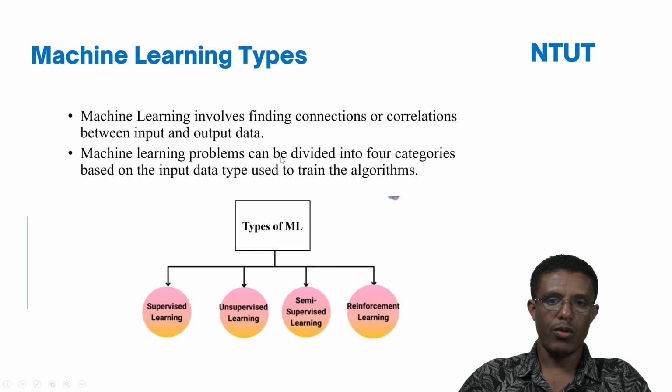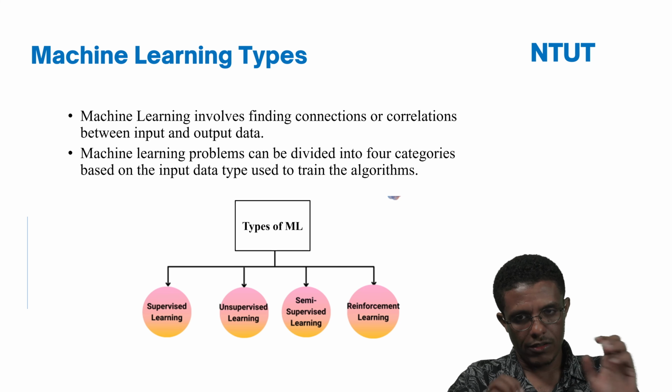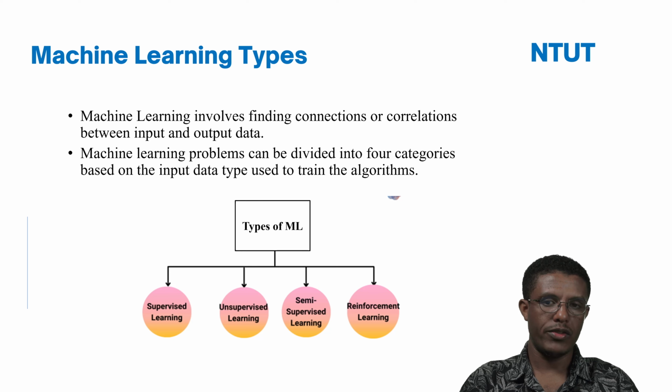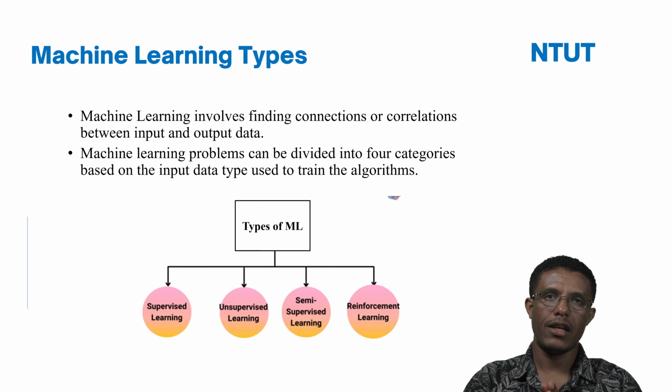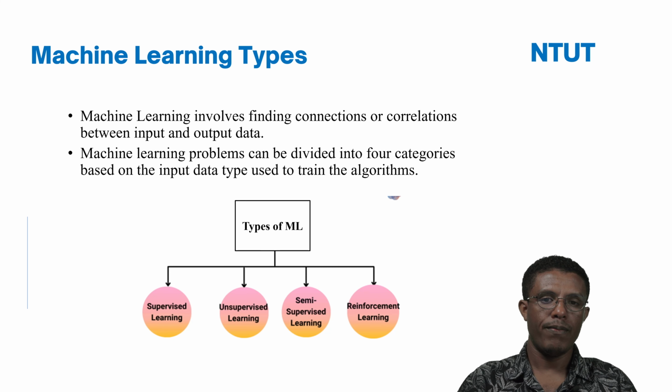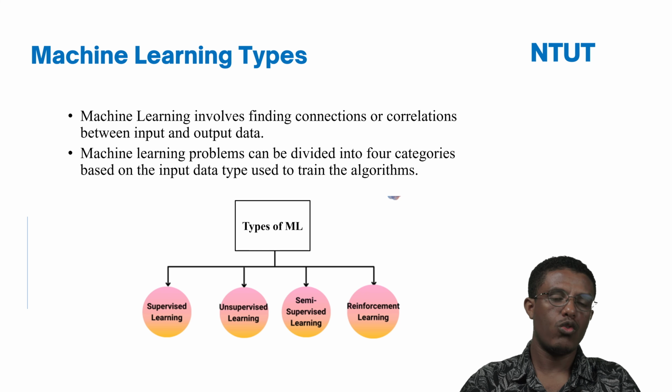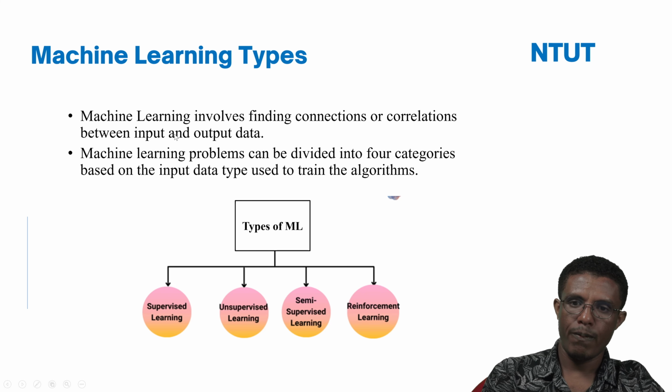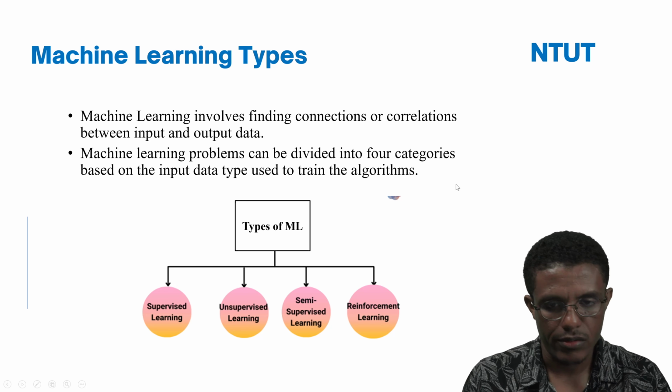machine learning problems can be divided into 4 categories. This is based on the selected problem and on the input data type used to train the algorithms.